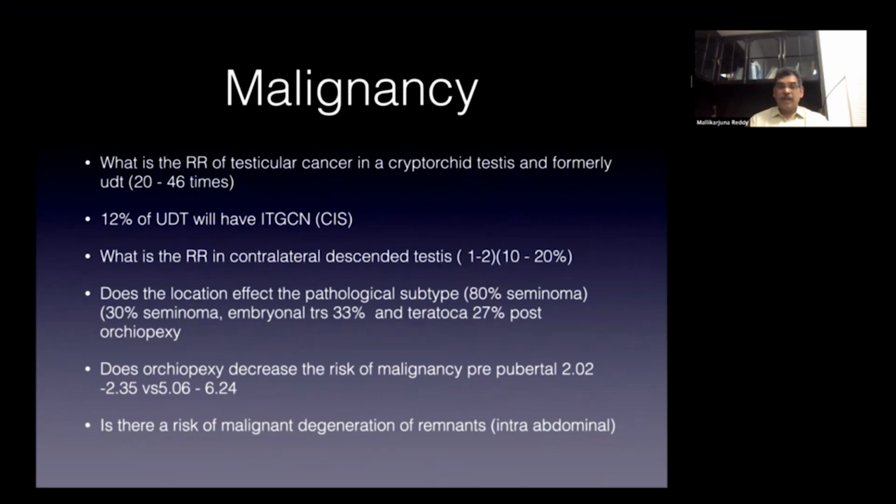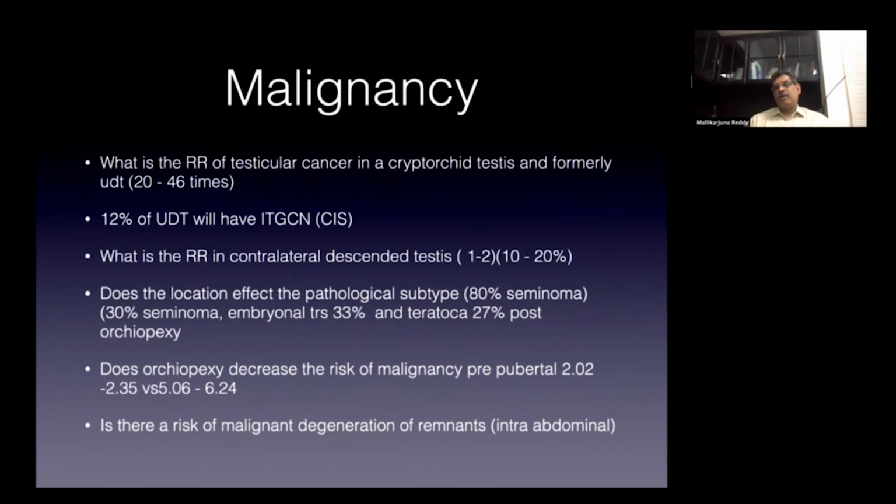And 12% of these would have ITGCN, which is the older terminology; now we call it CIS. The relative risk in a contralateral descended testis is about 1 to 2, that means more than twice, so a contralateral descended testis can have a tumor if there is a unilateral undescended testis.